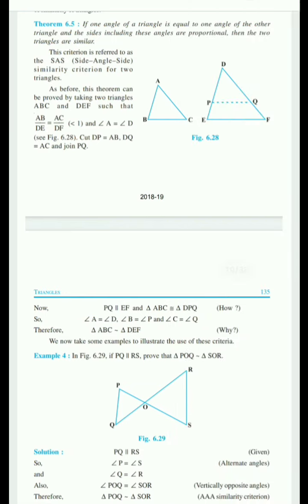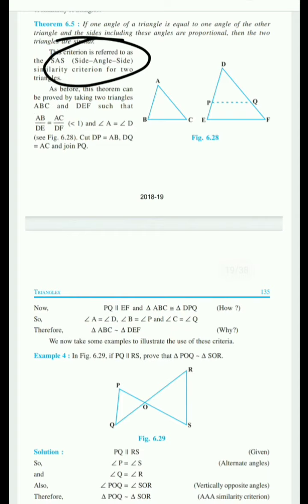Now here we are talking about theorem 6.5, in which they are saying, if one angle of a triangle is equal to one angle of another triangle and the sides including that angle are proportional, then the two triangles are similar. Meaning it is almost the side angle side criterion, but it is not for congruency.